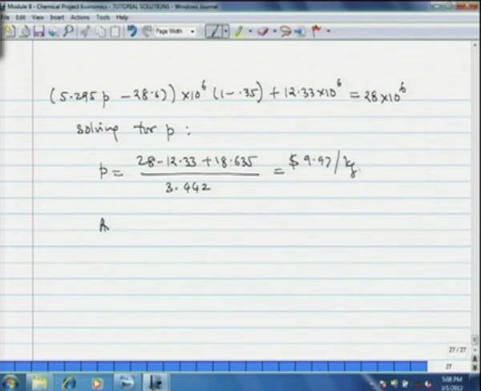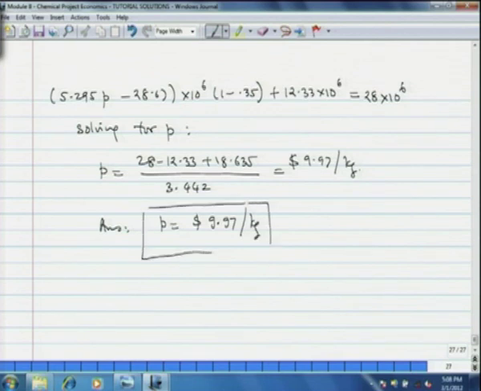So that is the answer. To have the hurdle rate of return of 30% over the investment, the minimum product price should be $9.97 per kg, or approximately you can say $10 per kg. So that is the complete solution to the problem.